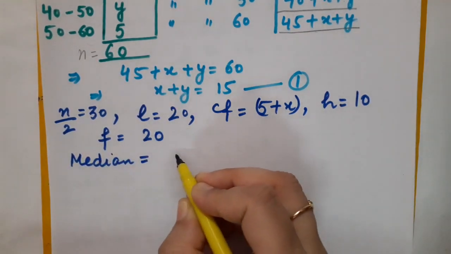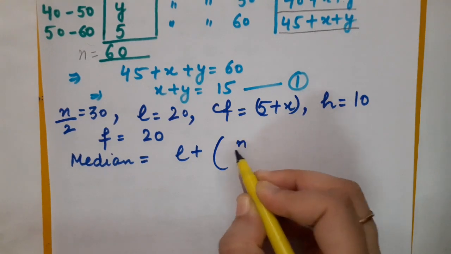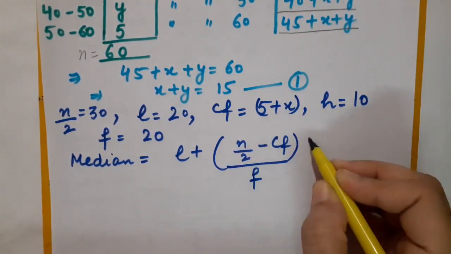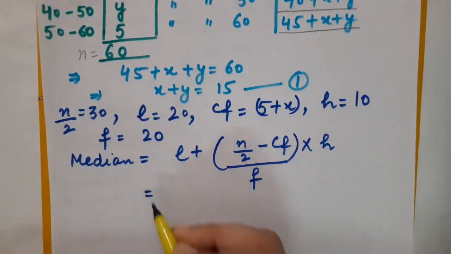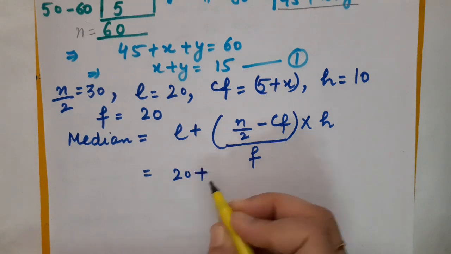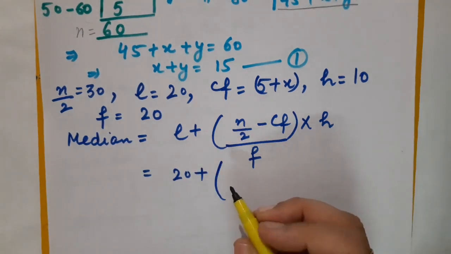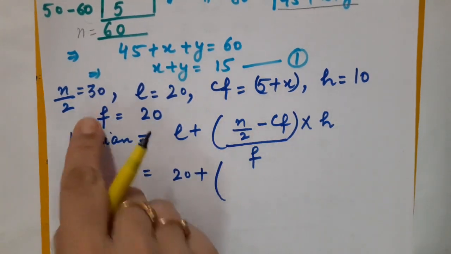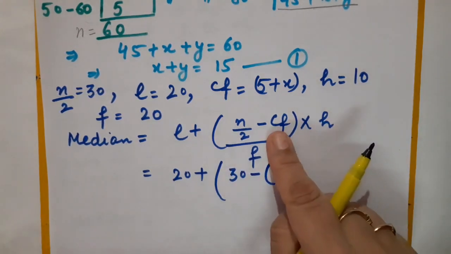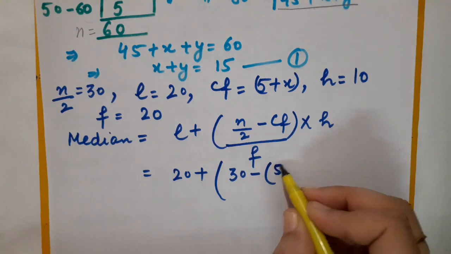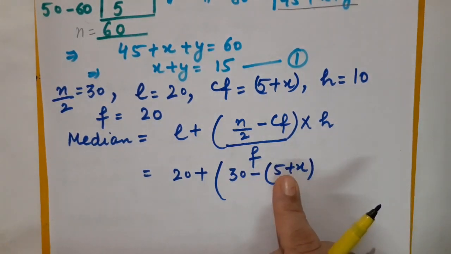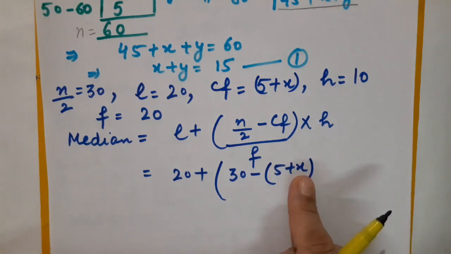Median is equal to L plus n by 2 minus Cf upon F into H. What is the lower limit? Written here, 20 plus. What is n by 2? That is 30. Minus. Please be alert now. In place of cumulative frequency, I will be writing 5 plus x. Children, when this minus sign enters inside the bracket, the signs of both the terms will be changed.